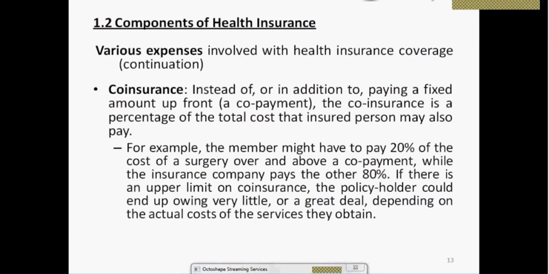For example, a member might have to pay 20% of the cost of the surgery over and above the co-payment, right? So up to 20% you will be paying, and the remaining your insurance company would be covering. So that's the difference between your co-pay and co-insurance. It's not that there is always a co-payment and a co-insurance. There may or may not be on any particular plan.